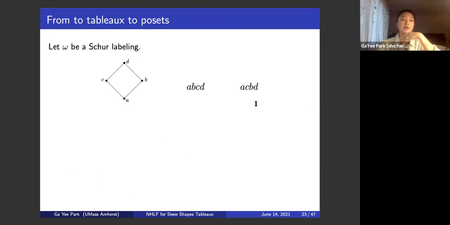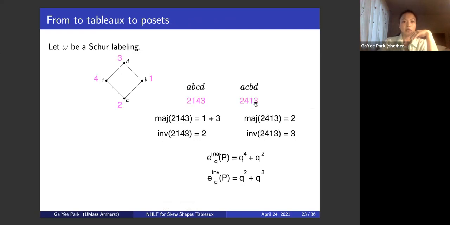So here we have the poset ABCD and its linear extensions. Let's label this 1, 2, 3, 4. Then the linear extensions are now 2, 1, 4, 3 and 2, 4, 1, 3. And we'll look at the major and the inversion index of the sequences. For the major index of 2, 1, 4, 3, there is a descent going from 2 to 1 in position 1, and there's a descent going from 4 to 3 in position 3.